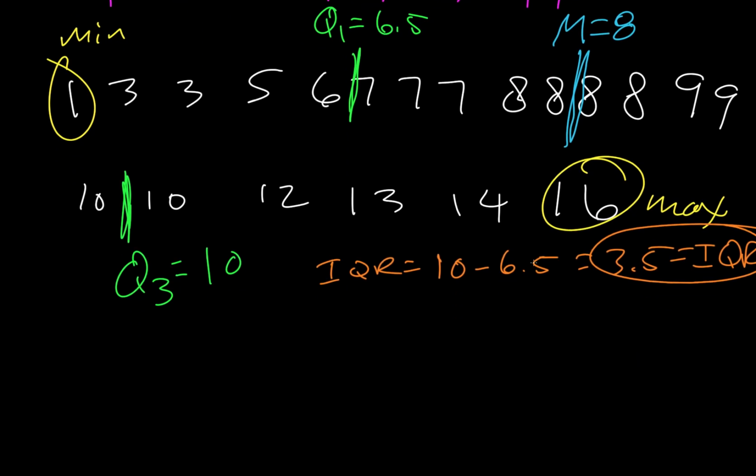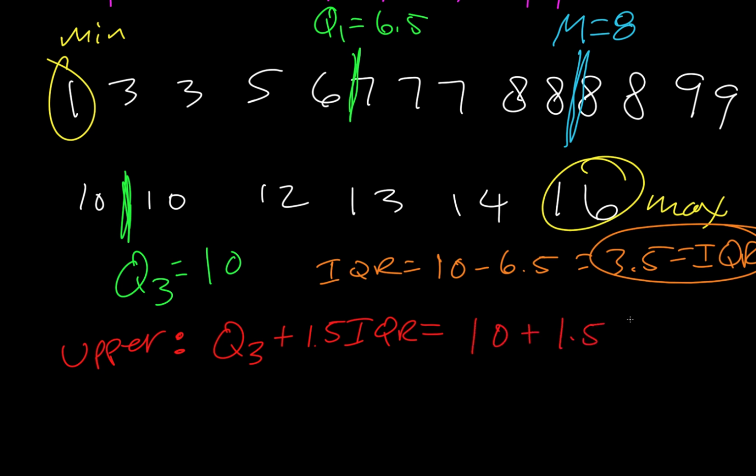So we can go down to there. And remember for the upper, to see if we have any upper outliers, we're going to take the upper quartile, or Q3, plus 1.5 IQR. And so that's going to be 10 plus 1.5 times 3.5.